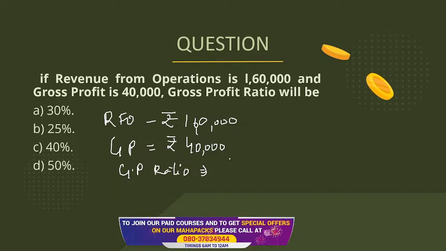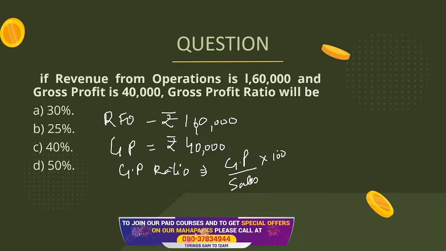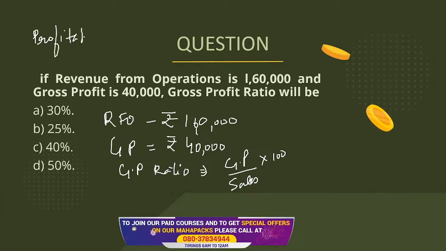GP ratio would be GP divided by sales, and this is normally calculated in percentage. This is a profitability ratio.